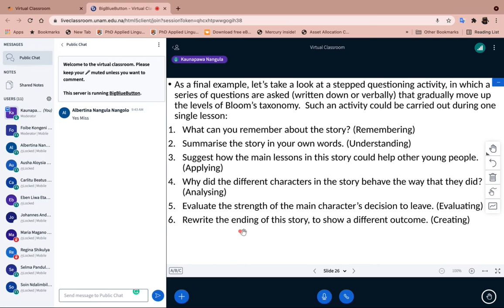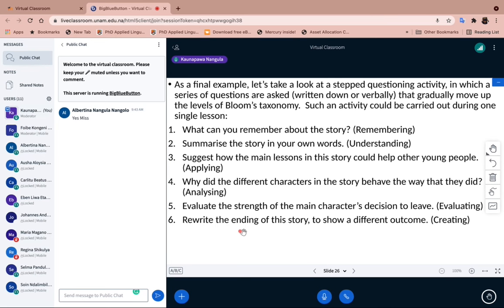When the learners respond, it can be either written or verbal, and that gradually moves through the levels of Bloom Taxonomy. Such an activity could be carried out during one single lesson.